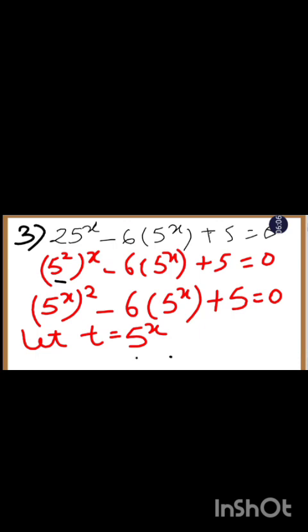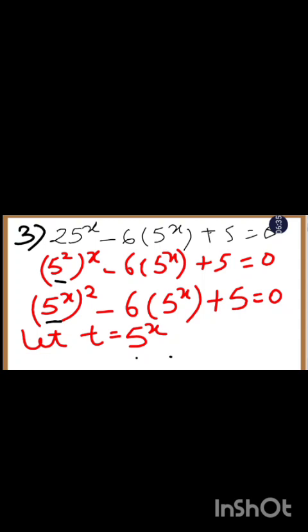And multiplication is commutative. To make sure the powers have the same variable, it will be 5 raised to the power x, all squared. This is to make sure the term inside is the same as this one here. So rewriting it now, we have 5 raised to the power x, all squared.